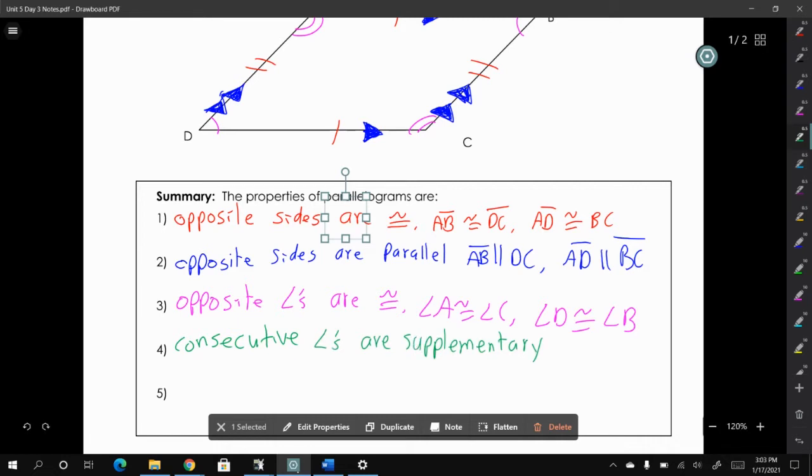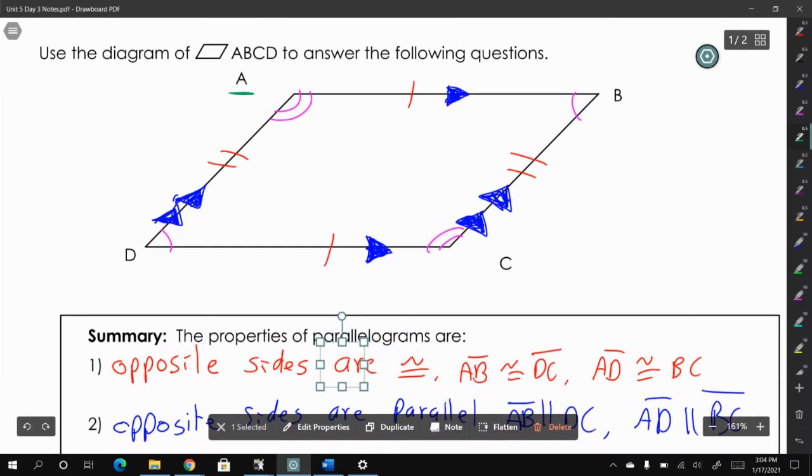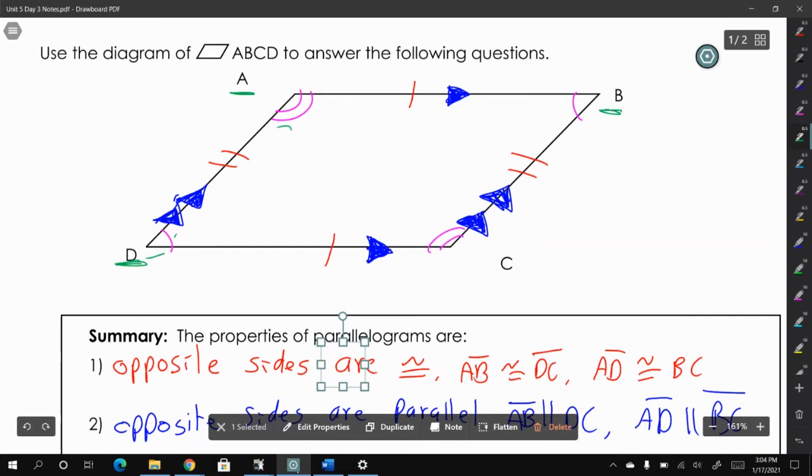So we can say that the measure of angle A plus the measure of angle D equals 180 degrees. And the measure of angle C plus the measure of angle B is 180 degrees. Because remember, consecutive angles are like same side interior angles. So A and D are consecutive. They're right next to each other. And B and C are consecutive angles.